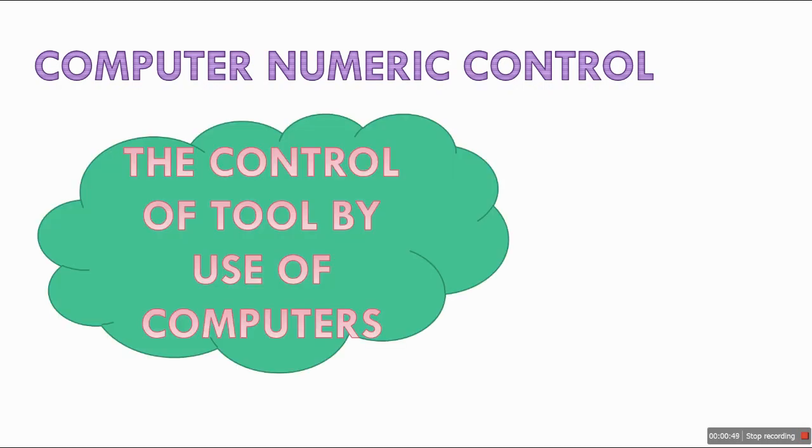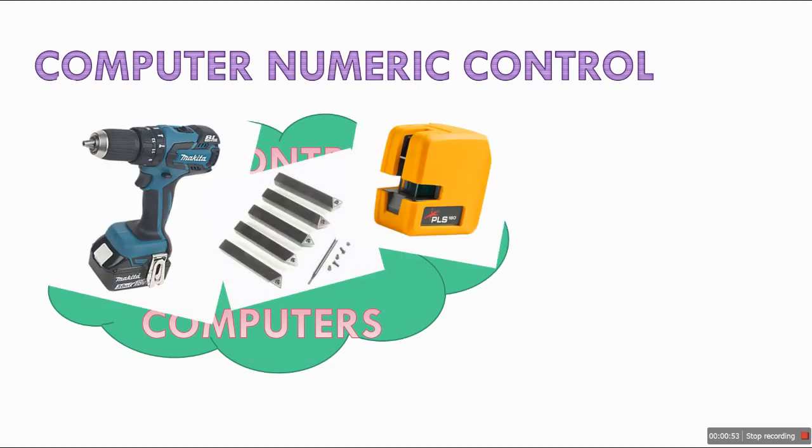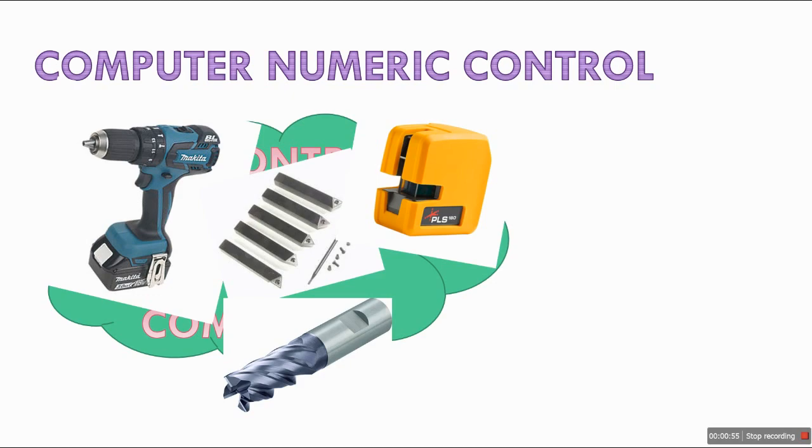So, what is computer numeric control? This is a type of process by which we can give input to our working tool to govern its working by using a computer input. And that tool can be a drilling tool, a cutting tool, even a laser engraver, or a milling tool.